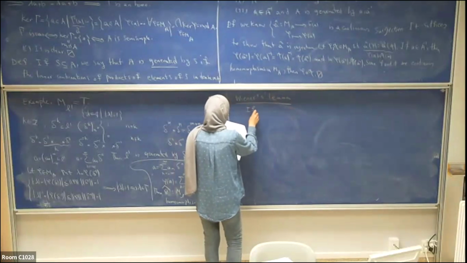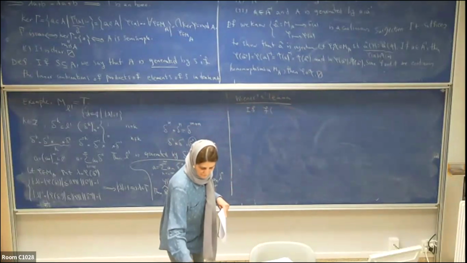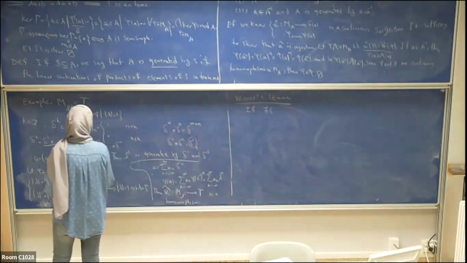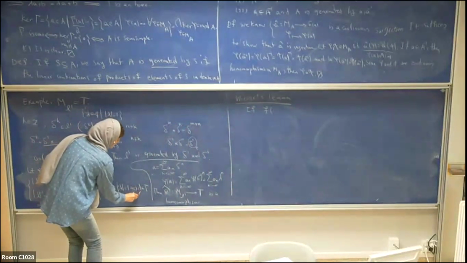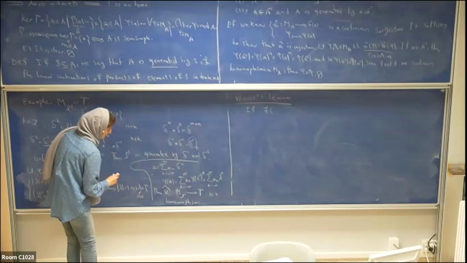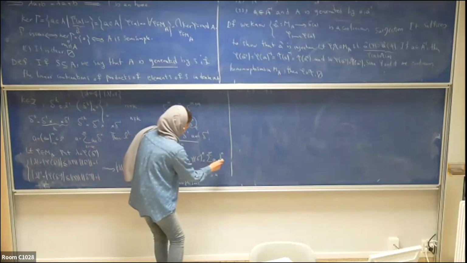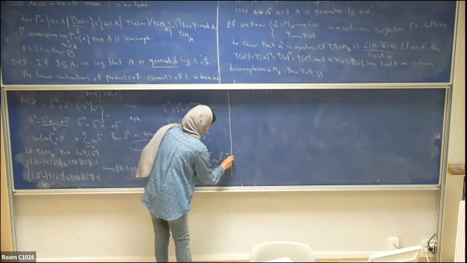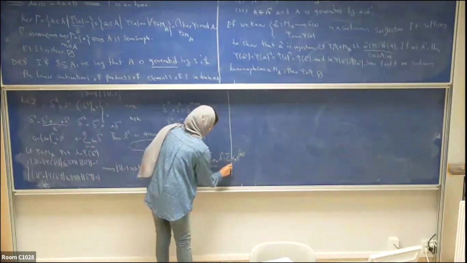If f of... actually each lambda in T can be written like e to the i theta. If I use this notation here, I have sigma a_n e to the i n theta.